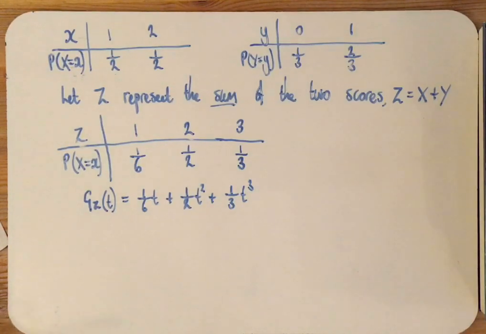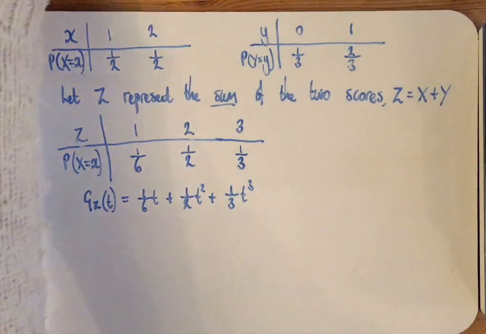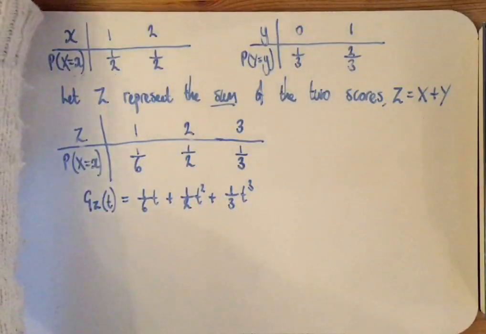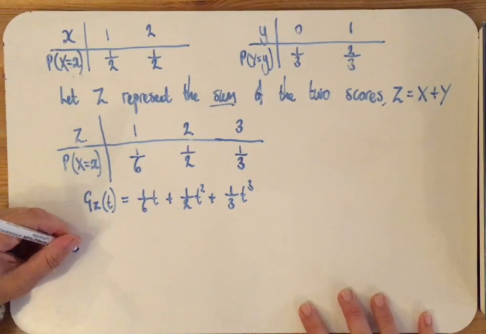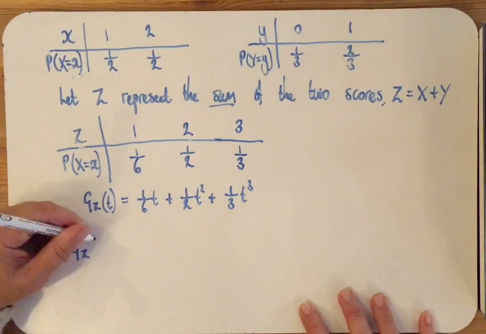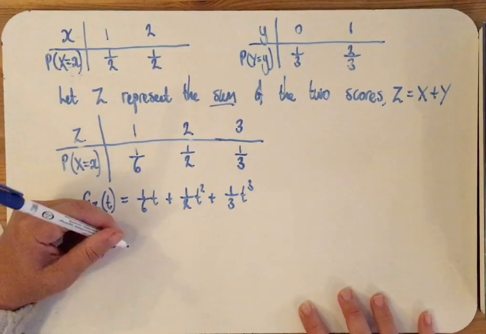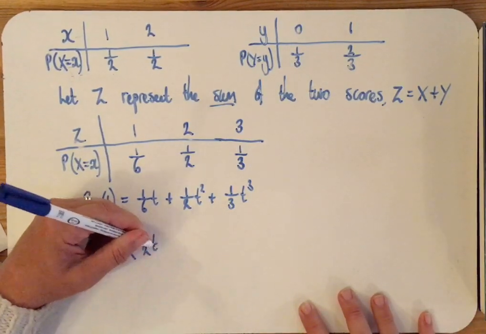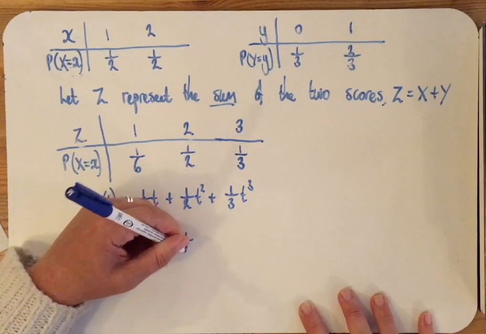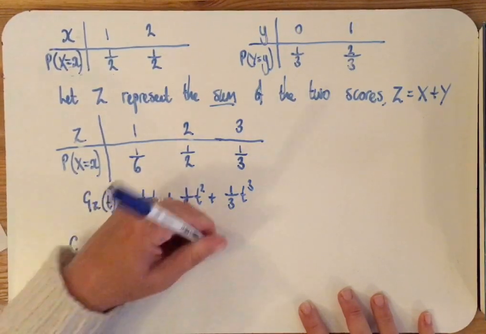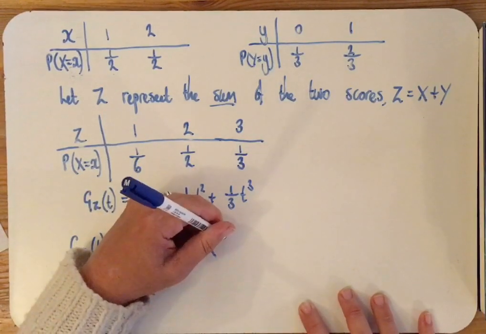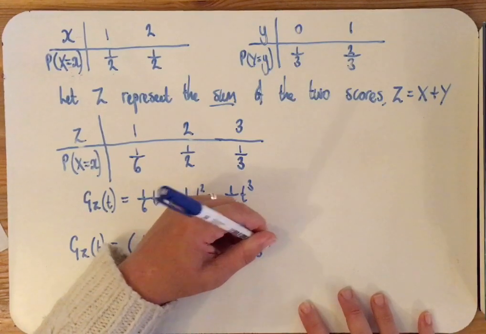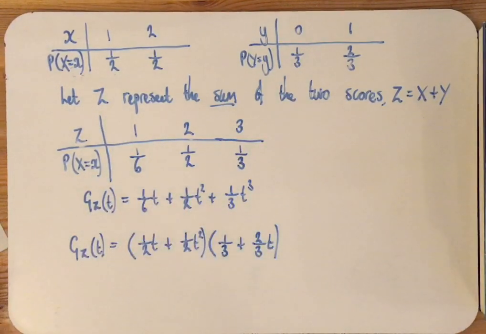If we go back to the probability generating functions, so I'm going back to these now, then to get the probability generating function for z, you can pick up the probability generating function for x and times it by the probability generating function for y. And if you think about it, when you multiply this out, you get the probability of all your possible outcomes.